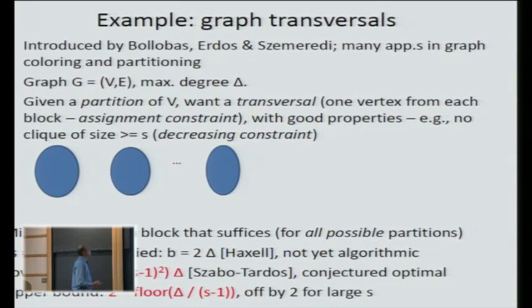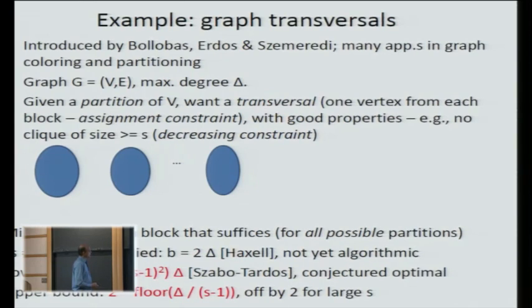Okay. So consider the following problem. You first want a transversal. Think of one variable in your CSP corresponding to each block. This variable can take either this value or this value or this, and so on. In other words, you want to pick exactly one vertex from each block, and then you have some decreasing constraint on these. For example, that there is no clique of size greater than or equal to s in the subset of the vertices that you pick, right?